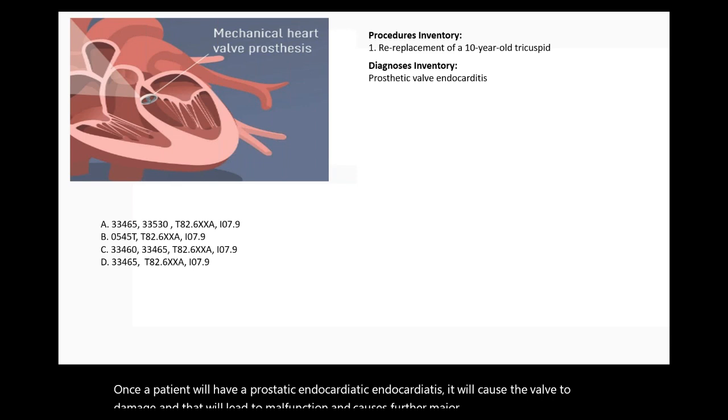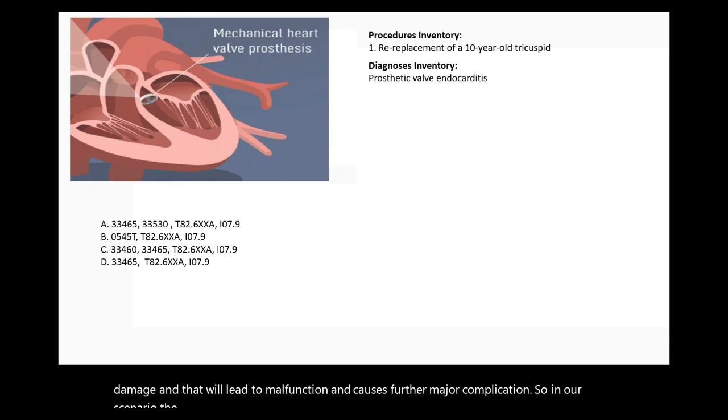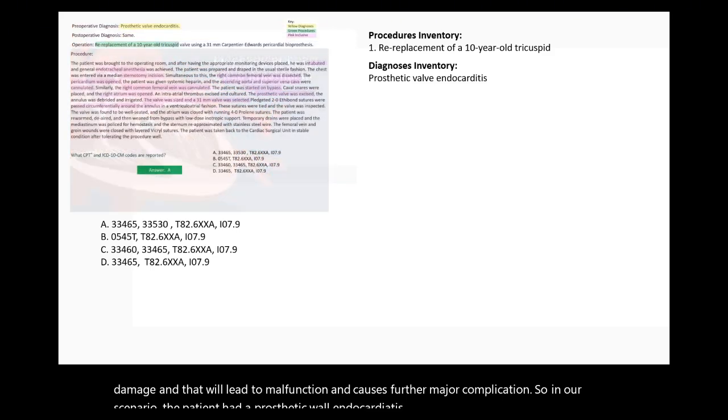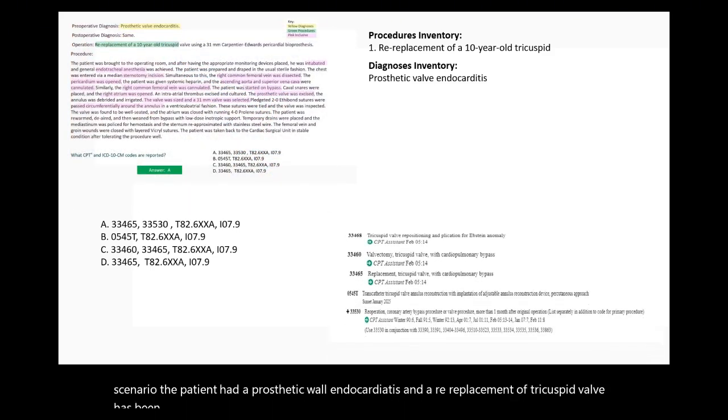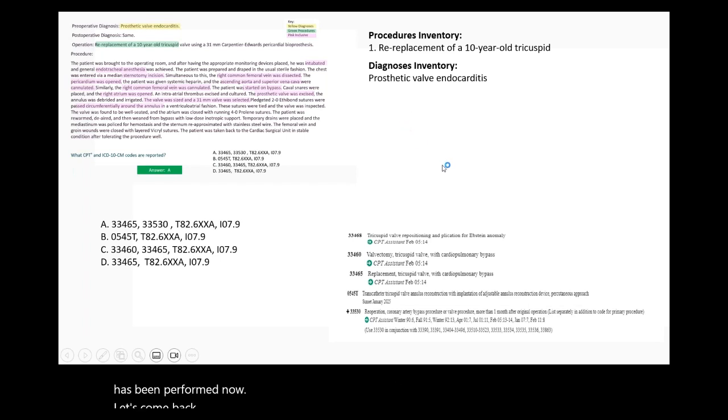So in our scenario, the patient had prosthetic valve endocarditis, and a replacement of a tricuspid valve has been performed. Now let's come back to our coding portion and look at our options.